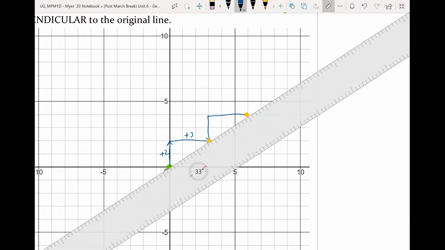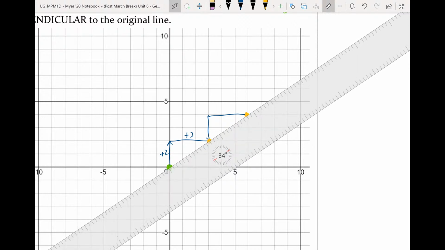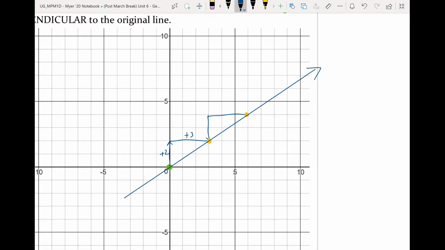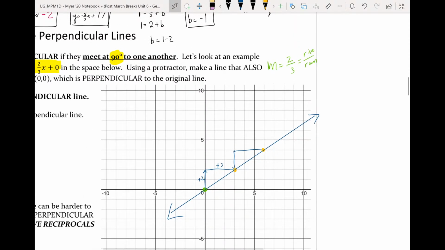Sometimes having a third point can help remind yourself where it has to keep lining up. Okay, it's going to be a little bit off, but close enough. And when we put a line on, we should usually label it. So I'm just going to put an arrow and go y equals.